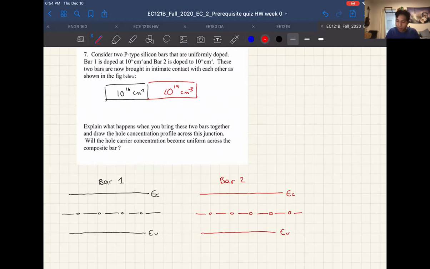Can anyone tell me for the first bar, will the Fermi level be below or above this? Below, correct. So I'm going to pick an arbitrary number and position. This would be EF. And since we know that the second bar has a higher doping concentration, this should be closer to the valence band. Well, this should be EF2, and this should be EF1.